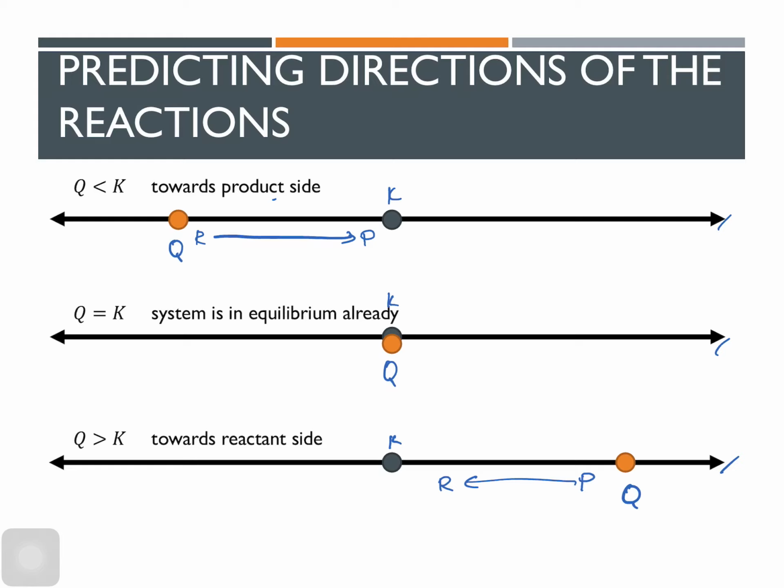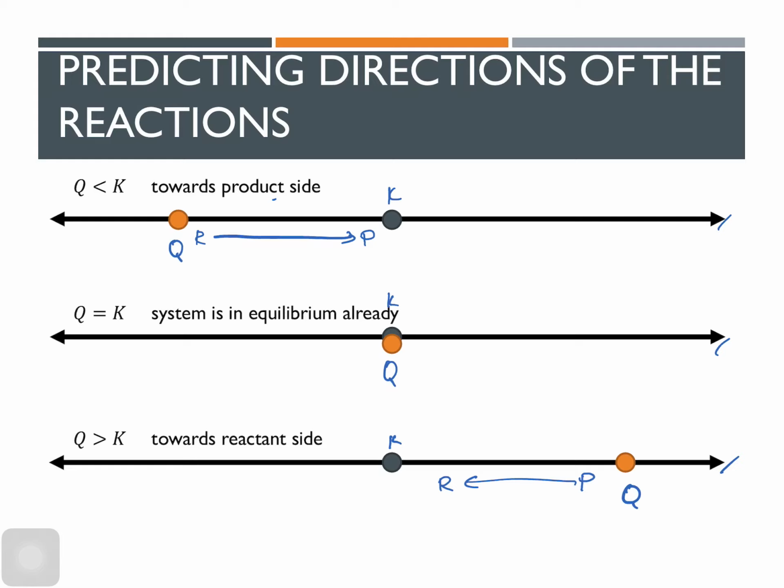So for you to remember the directions of the reaction, it will be easier to write a number line and write down some arrows when comparing Q and K. If Q is less than K, you write the right-hand arrow.